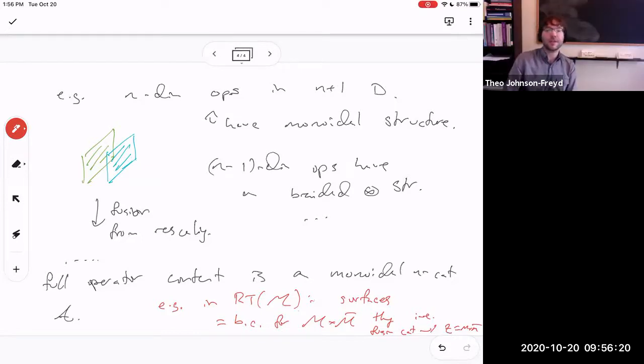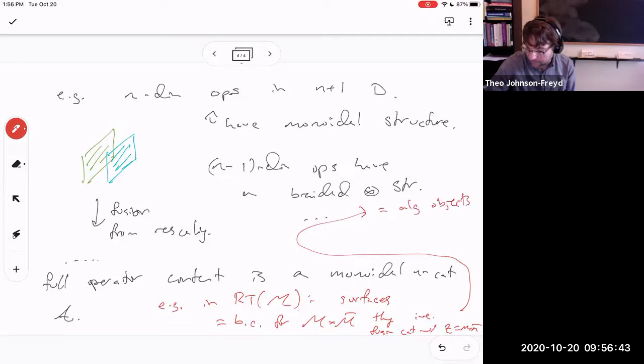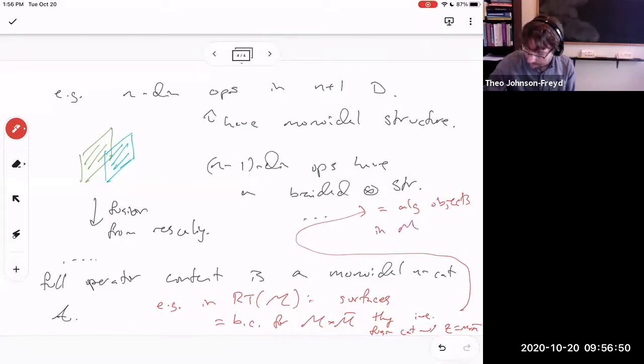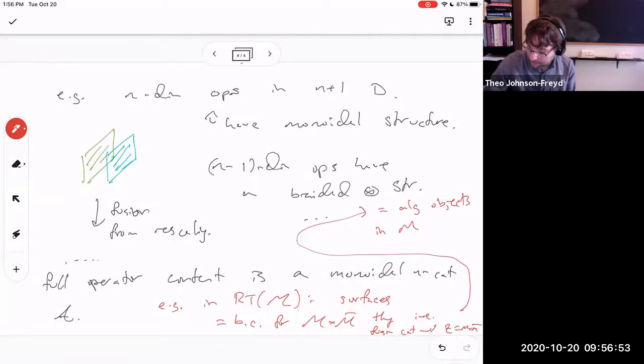Those are actually the same as categories with an action by M, because this is a Drinfeld center. And because this is a Drinfeld center, these are also the same as algebra objects in M, up to Morita equivalence.